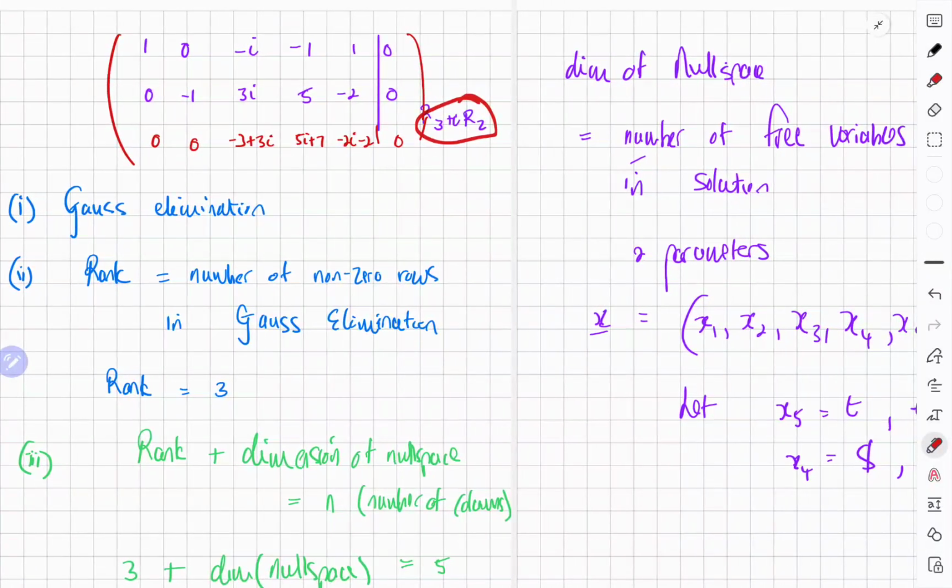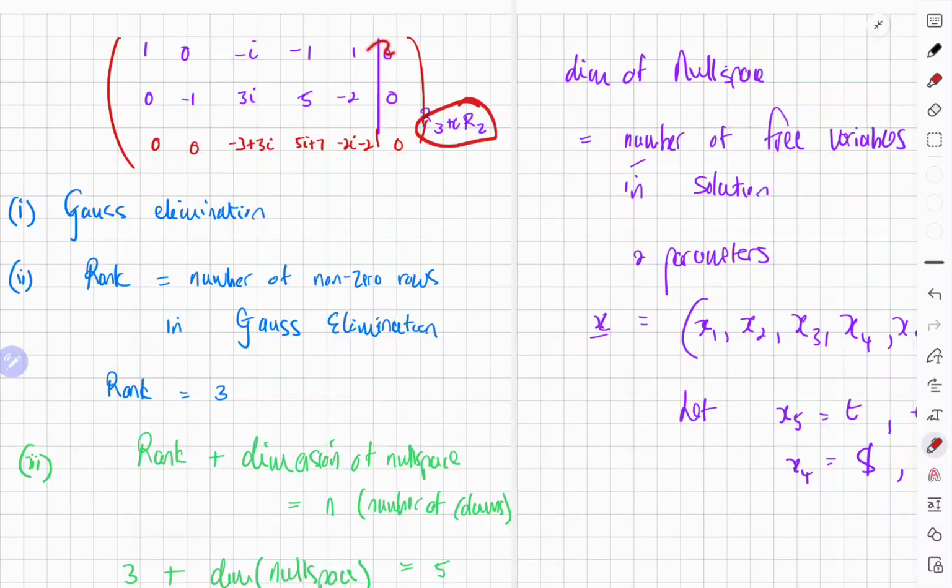So what have we done here? We have done Gauss elimination. So we have row echelon form. The rank, recall what I said, is the number of non-zero rows, very important in Gauss elimination. How many non-zero rows do I have? I have 3.